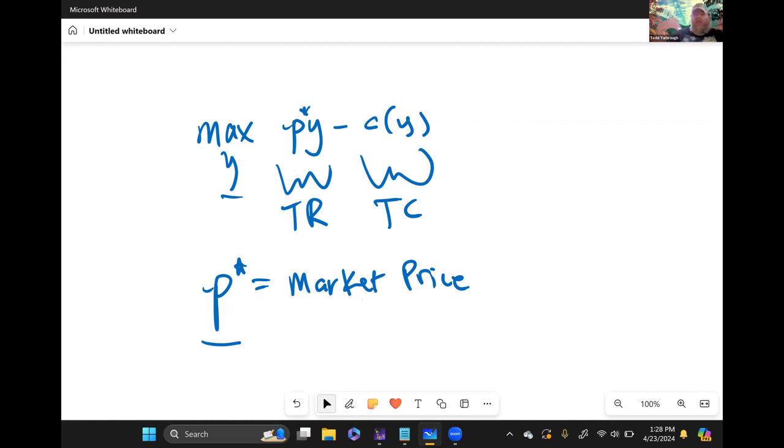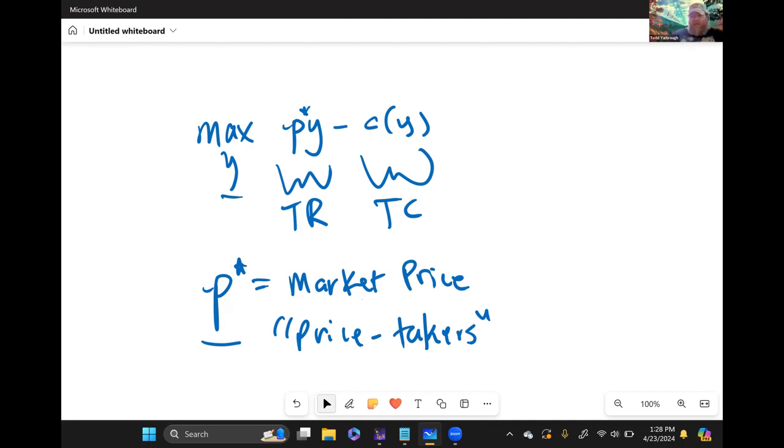Basically, in truly competitive markets, the price is set by the market. We refer to firms in competitive markets, in fact, as price takers. They accept the price that is set by the market. They take that particular price.